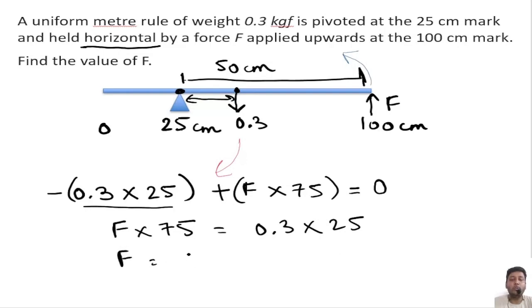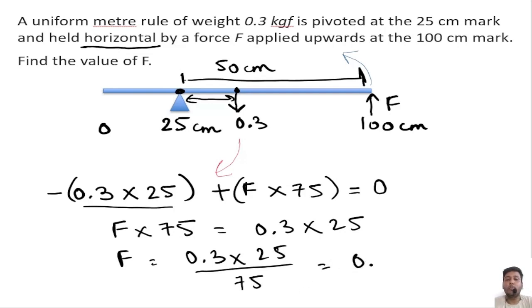F will be equal to 0.3 multiplied by 25 upon 75. 25 and 75 get cancelled out, and it gives me 0.1 kgf, because 0.3 is in kgf. So my final answer will also be in kgf. Had it been in Newton, my final answer would have been in Newton.